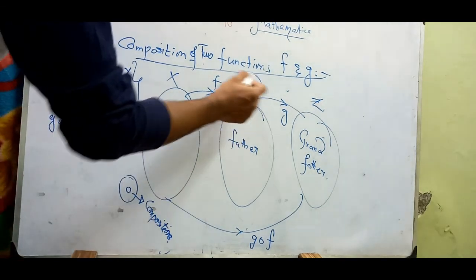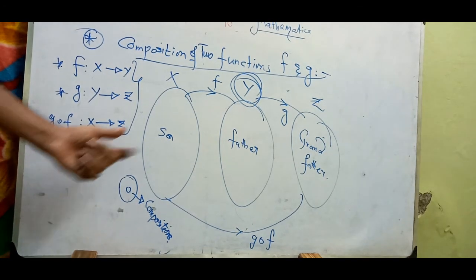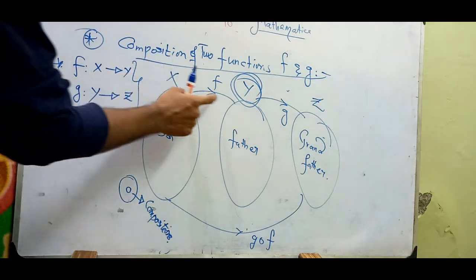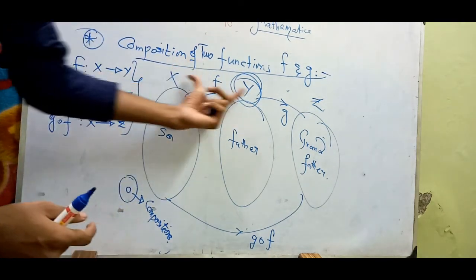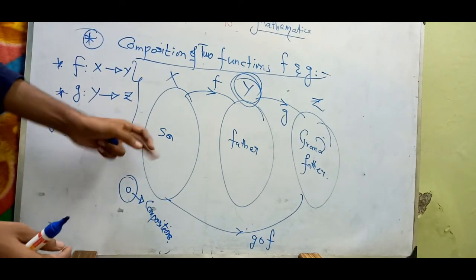See, here Y is invisible. I'll explain this when it comes. Let us see it in set form. f is a map from X to Y, g is a map from Y to Z. I have just given a small example.